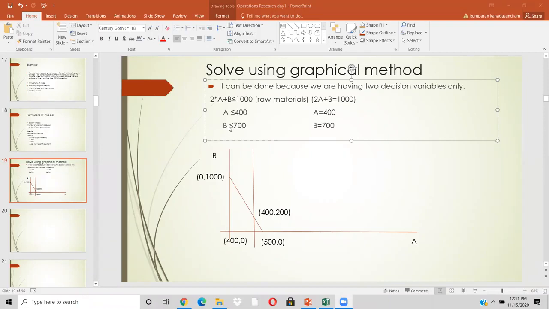B less than or equal to 700. This will be a horizontal or vertical line. That will be a horizontal line.